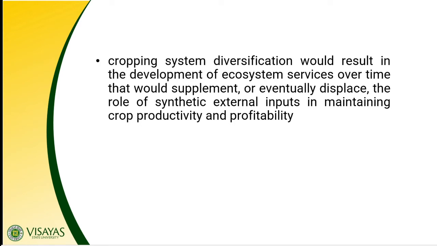So take note that there is supplementation, and the aim eventually is to displace the use of synthetic external inputs in favor of the organic inputs that are derived from the farm itself, which will maintain crop productivity and profitability. So always, productivity and profitability go hand in hand.